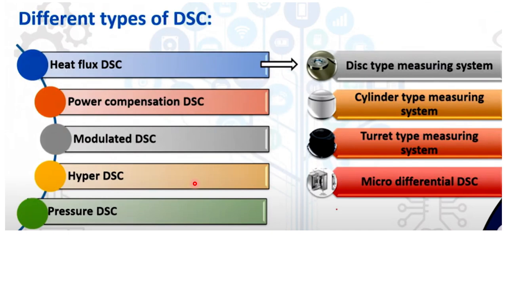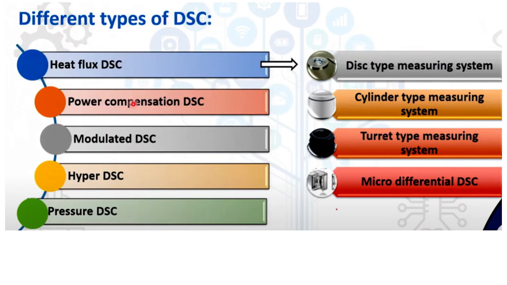Now there are different types of DSC based on the mechanism of how it works. First is the heat flux, and in heat flux there is also a disk type measuring system. There are other types, such as the cylindrical type measuring system. These are not so common. The next is the power compensation. We will discuss what is heat flux DSC and power compensation DSC.